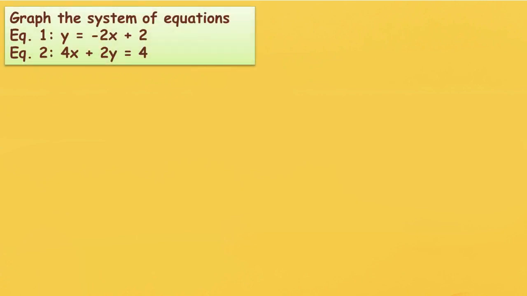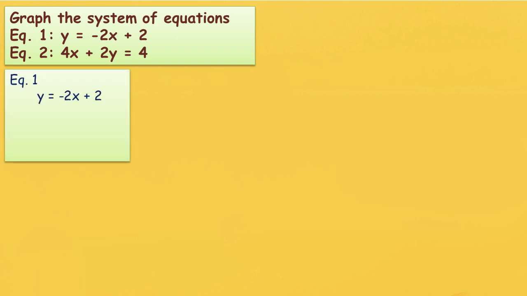Okay, let us now go to the last possibility when graphing two equations in one Cartesian plane. Okay, graph the system of equations. Equation 1, y is equal to negative 2x plus 2. Equation 2, 4x plus 2y is equal to 4.